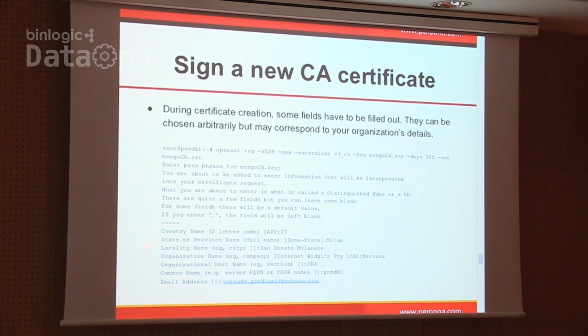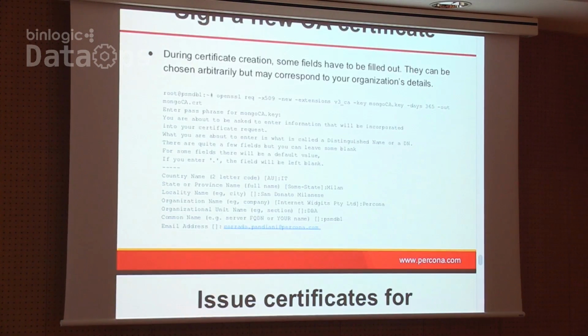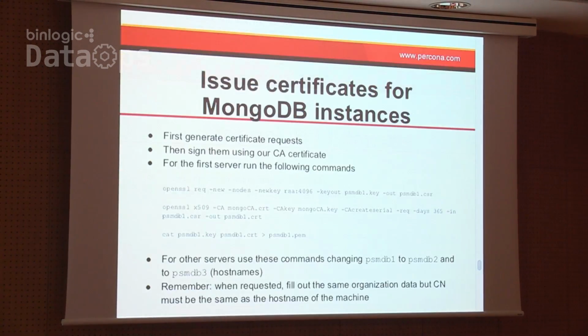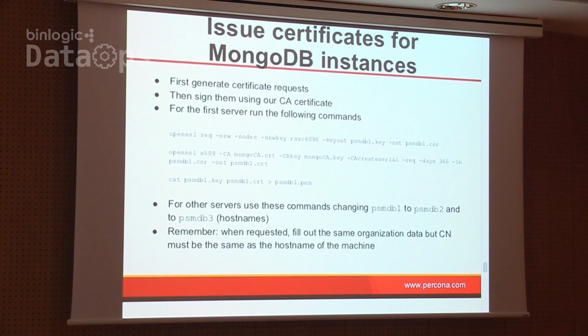So I create the certificate in node 1, and I need to put psmdb1, the host name of node 1, and so on for the others. So when I'm asked to sign the certificates on node 2, I need to put psmdb2, and so on. Okay, I create certificates on each node, and I use my fake certification authority to sign the certificates.